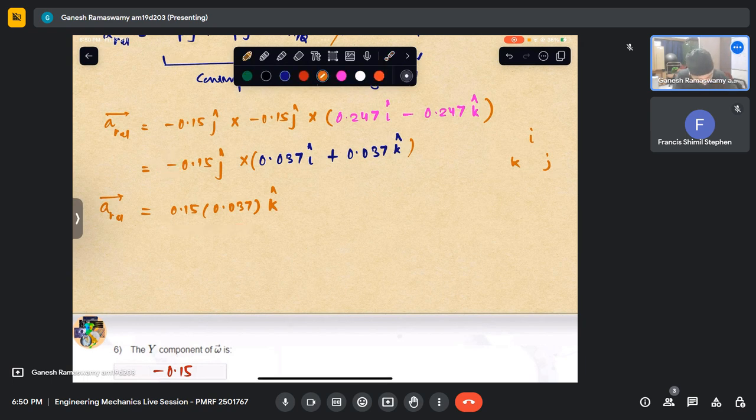And then the next term will be j cross k. So this is in this direction. So this will give me positive I. But this minus is there.